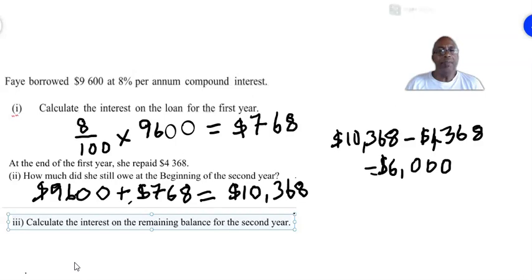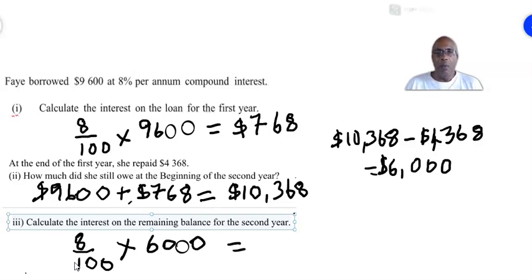Let's move to part 3. Calculate the interest on the remaining balance for the second year. The remaining balance is the amount she still owes, which is $6,000. So to find the interest on that remaining balance, we would find 8%, the rate of interest, times the remaining balance, which is $6,000.